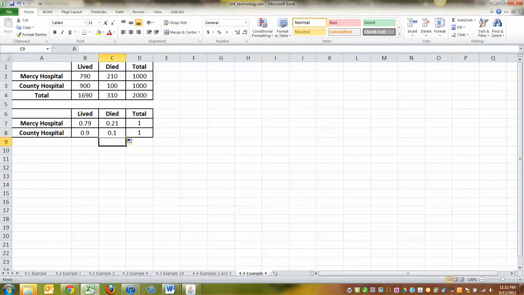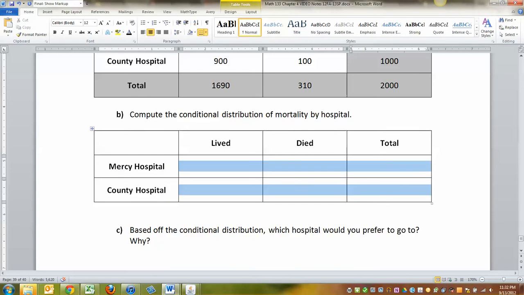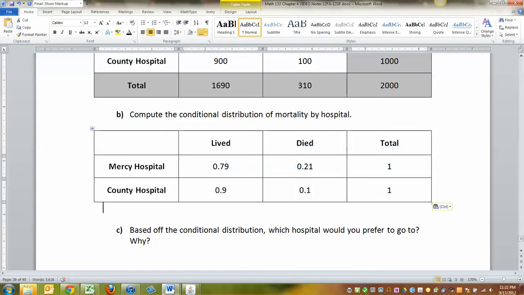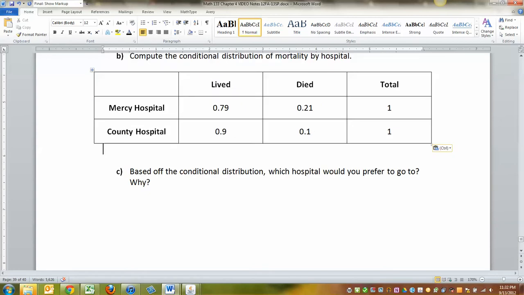Boom. You can see a lovely conditional distribution. I'll paste it in. Done.